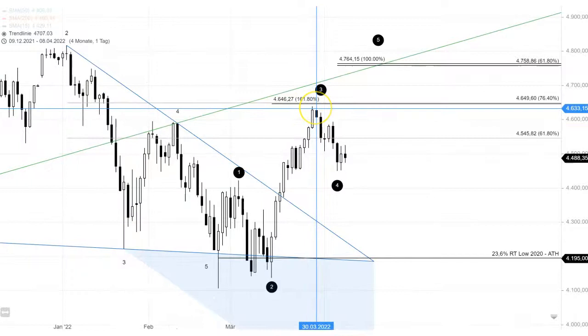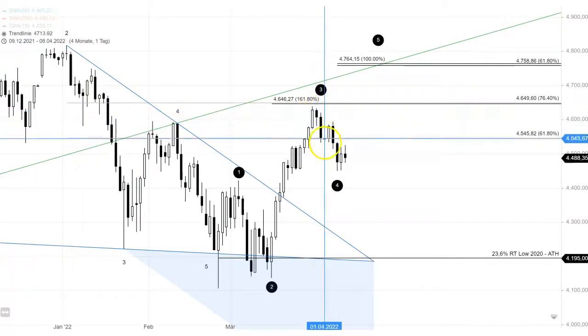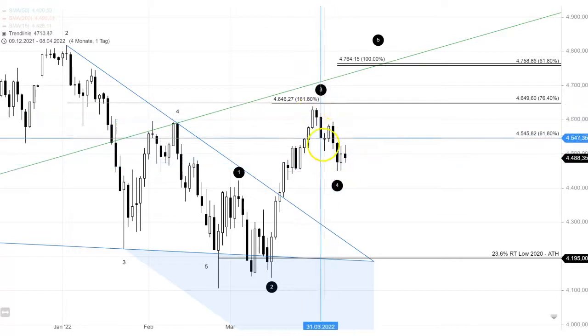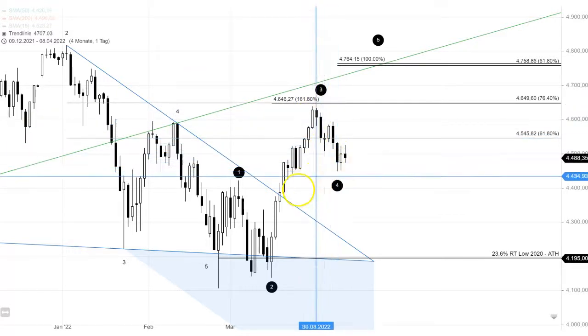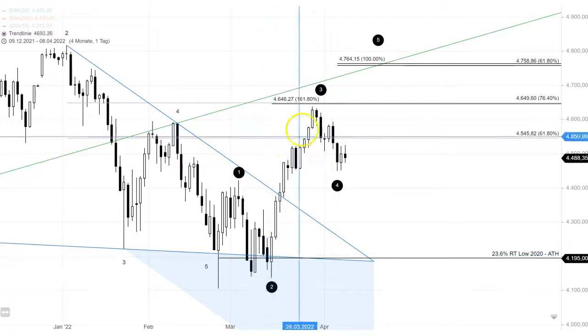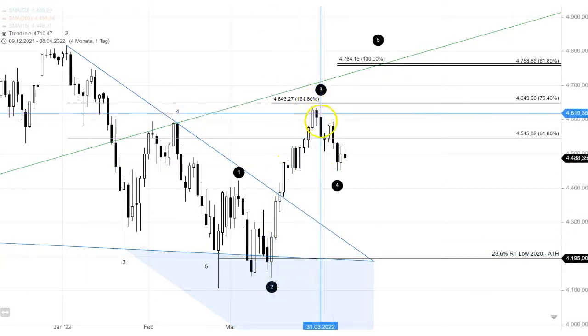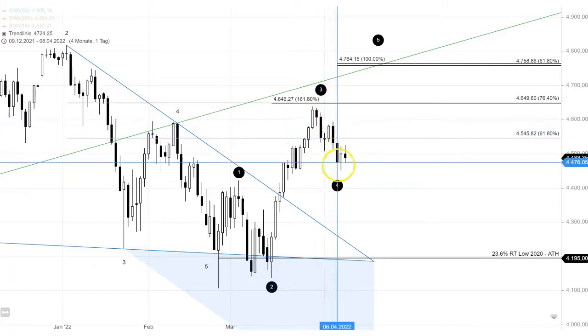And now when you have a look at what's happening here in that little correction, it's starting to overlap, and it doesn't look by far as strong as that move. So right now, I would still say we are in a kind of wave 4 to the downside.